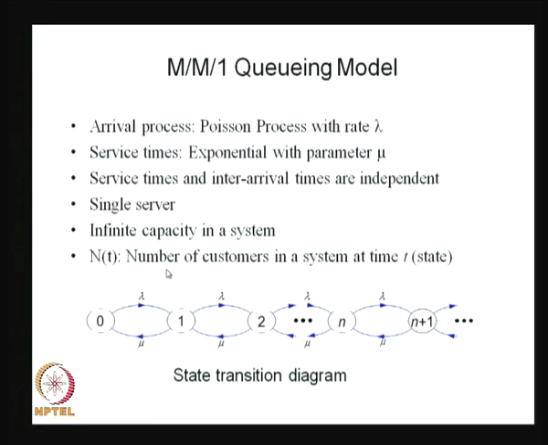And you are observing the system over the time, therefore, it is continuous time. Therefore, this stochastic process is a discrete state continuous time stochastic process satisfying the Markov property based on these assumptions.